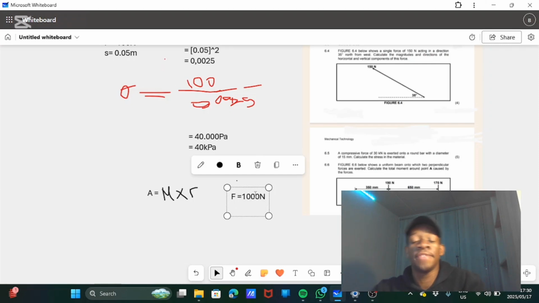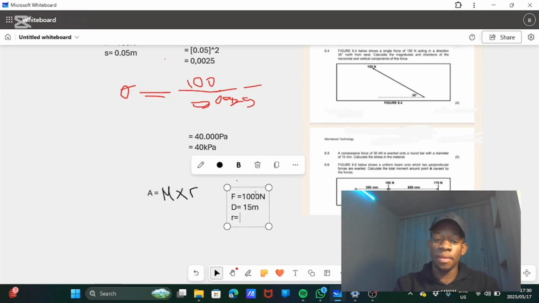Let's say it's 15 meters. The diameter is 15 meters, so that will make our radius 7.5. Yes, 7.5.